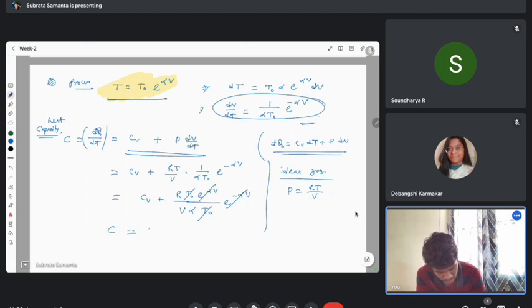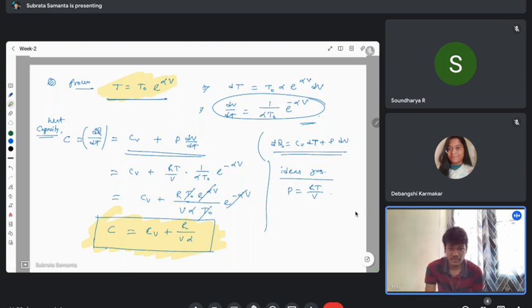So C is CV plus R by V alpha, right? So this is a process, and this is the equation of state. And we get this for this process.